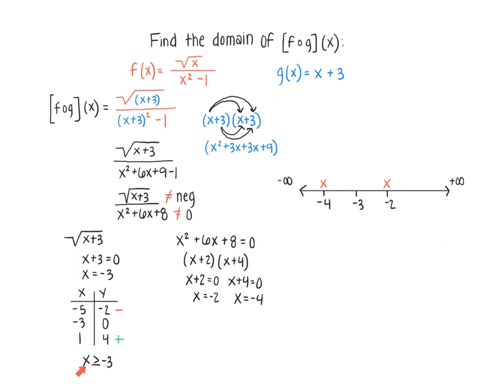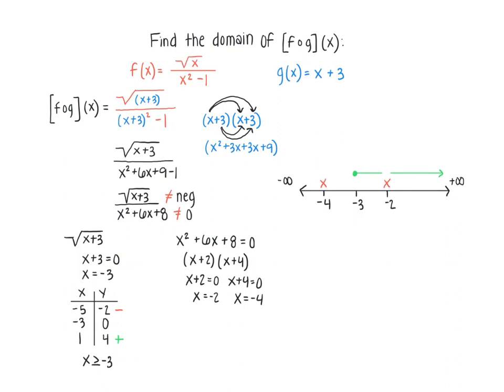So I said for the numerator, x has to be greater than or equal to negative 3. So I know greater than or equal to means going to the right. So I'm also going to include that, and I'm going to show that in green. It's going to go this way. So it can equal negative 3, so I'm going to put a solid dot there, and it's got to be greater than negative 3.